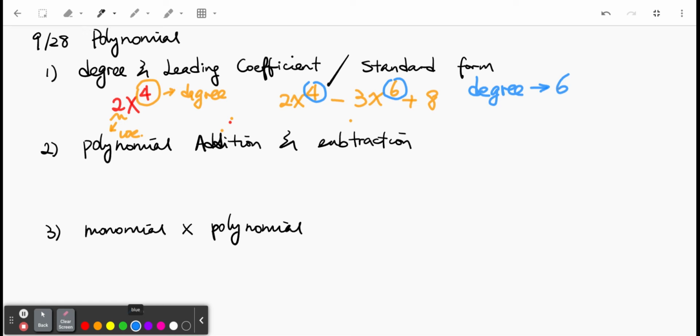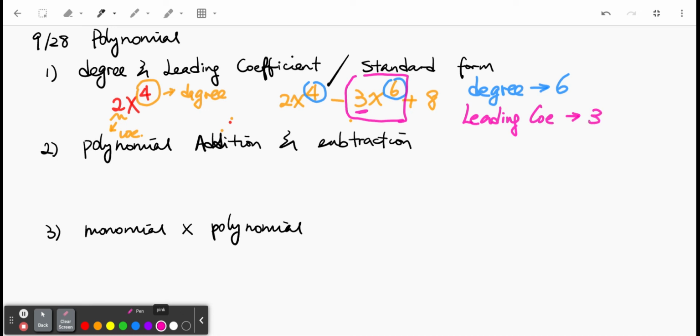And the leading coefficient is the coefficient of the term with the highest power. The term with the highest power is 3x to the power 6, so the coefficient here is 3. So the leading coefficient is 3.